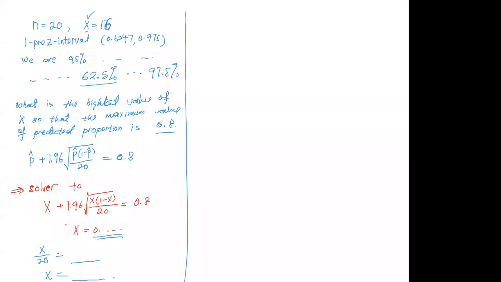Anyone who wants to use trial and error also can. What you do is you use x. 16 definitely cannot, so you try x equal to 15. So you get the confidence interval. You can do it by testing, no problem. 1 prop Z interval.